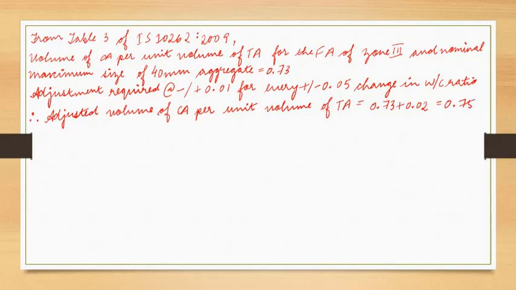So if we have the volume of coarse aggregate per unit volume of total aggregate, we can find out the volume of fine aggregate per unit volume of total aggregate. How? By subtracting the volume of coarse aggregate from the total volume.